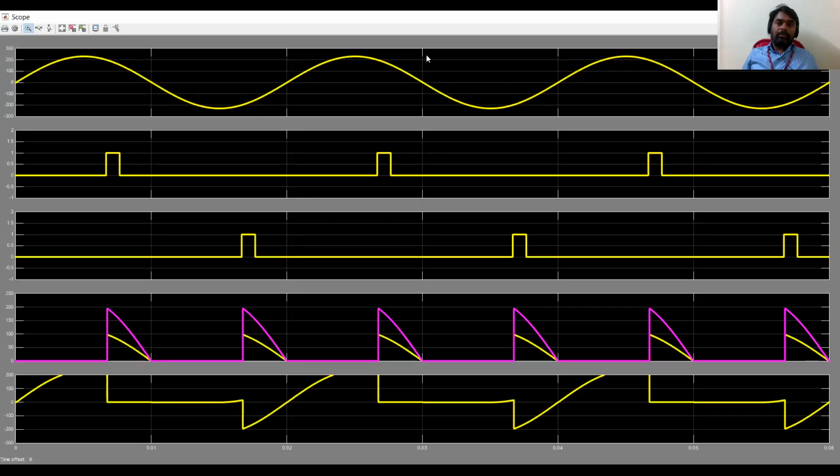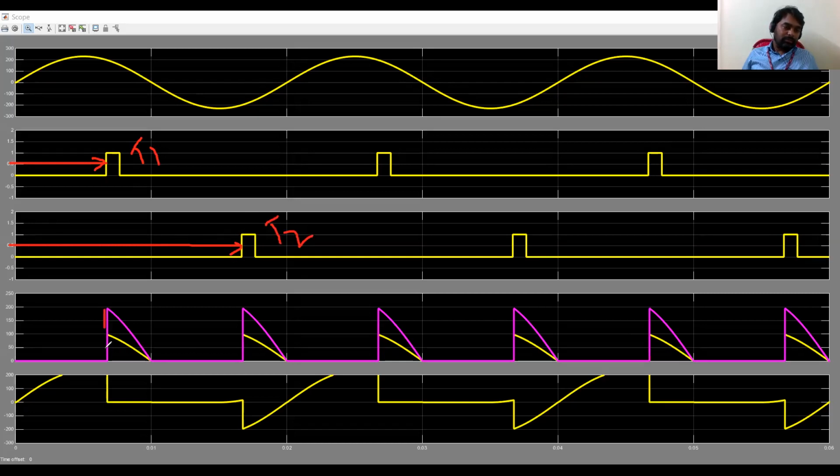You can see here, this is the firing angle alpha, which is 120 degrees, given to T1. It is 120 plus pi, which is 300 degrees here, which is given to T2.